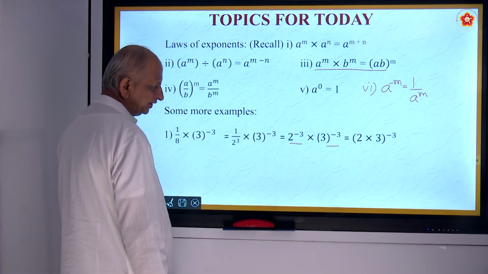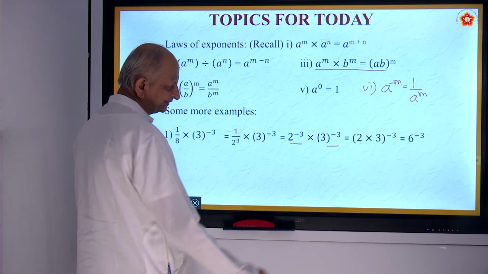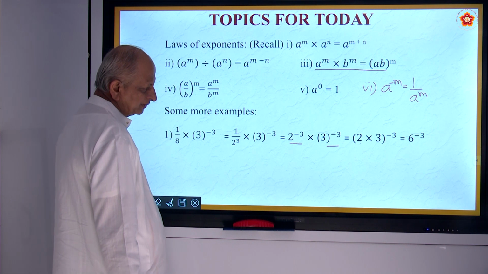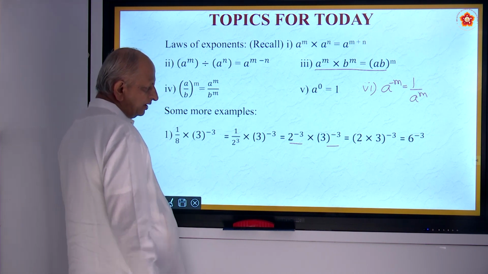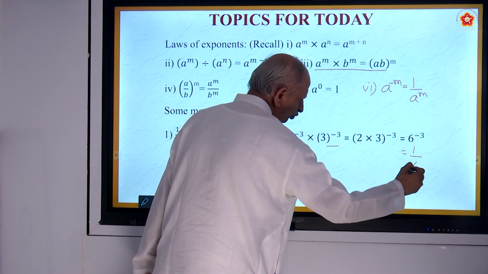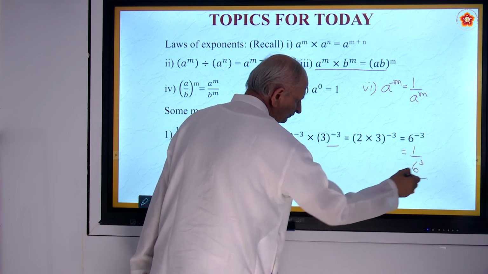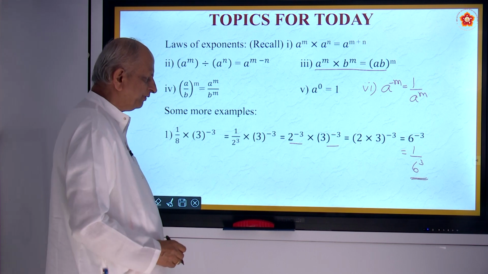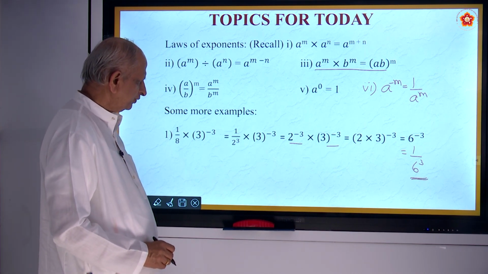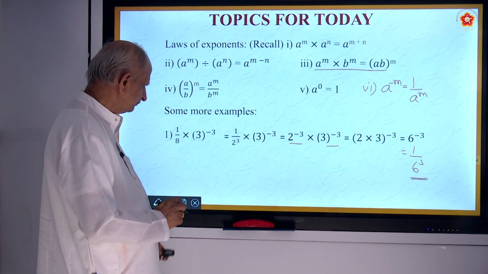So what is 2 into 3? That is 6. 6 to the power of minus 3. Correct? Or you can also write it as 1 by 6 cube. That is also okay. That is a positive exponent, if you want.